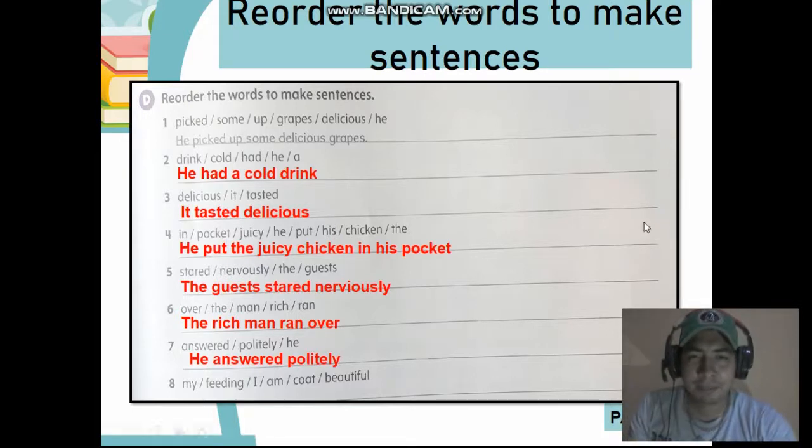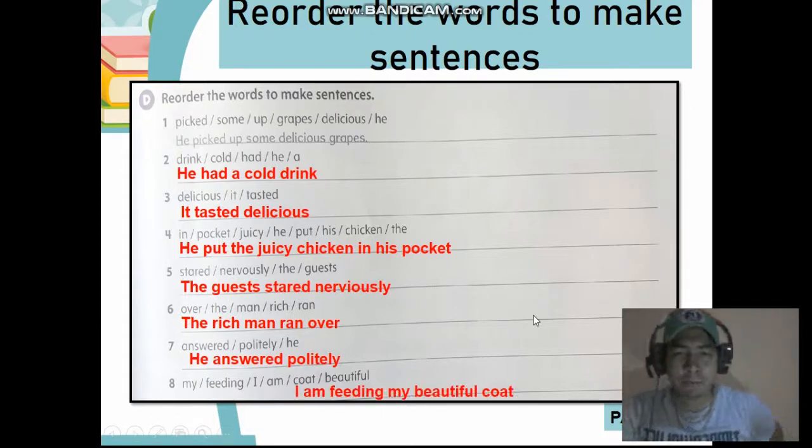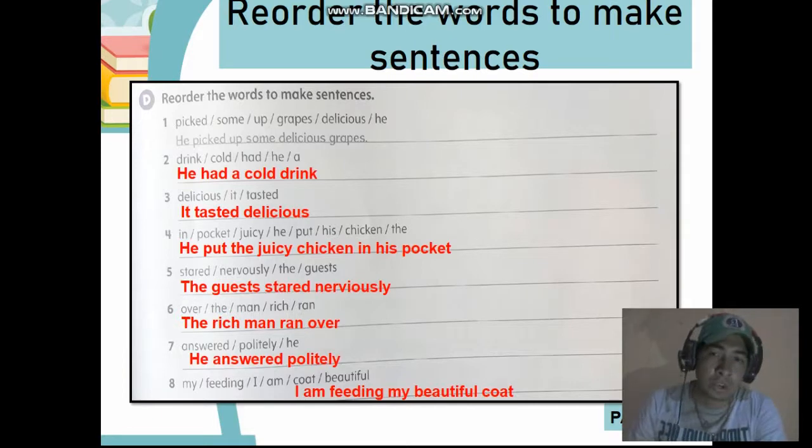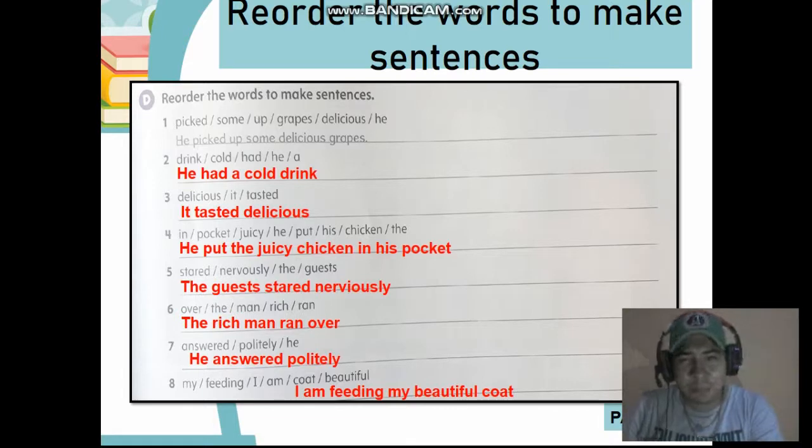And finally, number eight. I am feeding my beautiful coat. So here you have them. Compare your answers with the ones on the screen. If you have them correctly, put a ganchito on it. Good job.